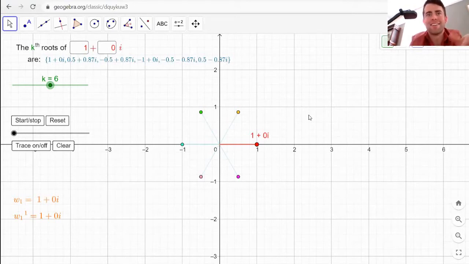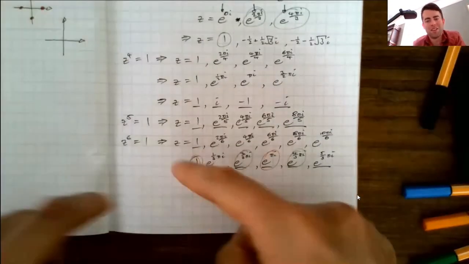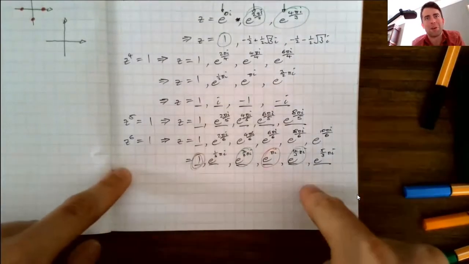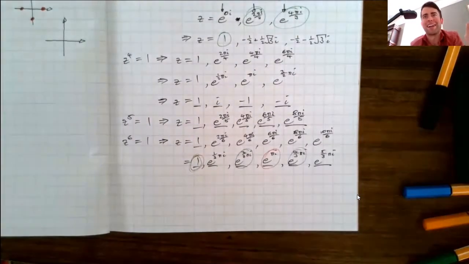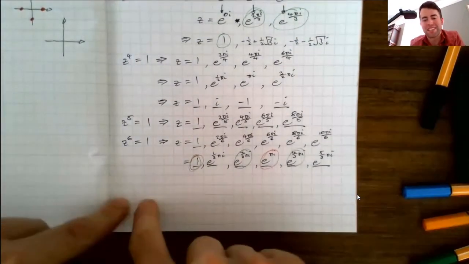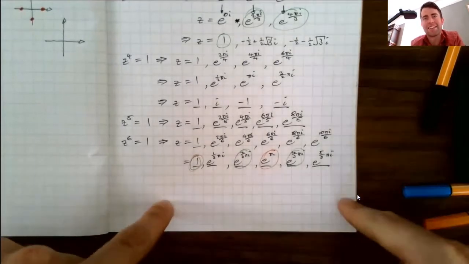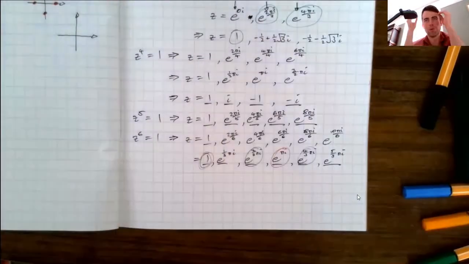Why is that? If we carried on with this and did z to the 7 equals 1 and listed them all out, which previous ones will that include? Similarly for z to the 8 equals 1, and if we list out all 8th roots of unity, which previous ones will that include?